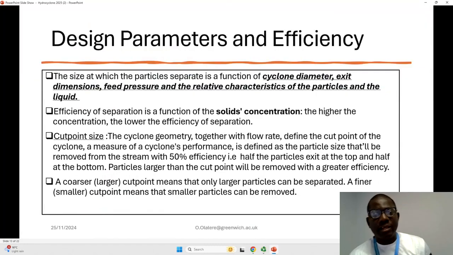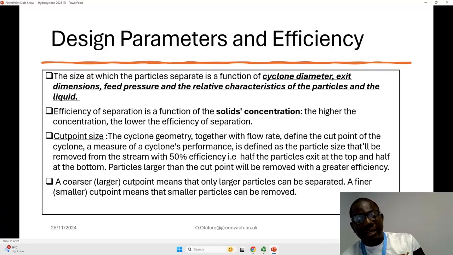From here, we say that a cut point size is a particle size that will be removed from the stream with 50% efficiency. That is, half the particles exit at the top and half at the bottom.